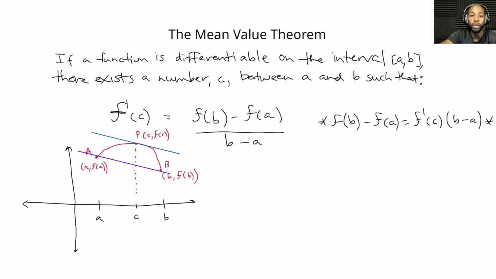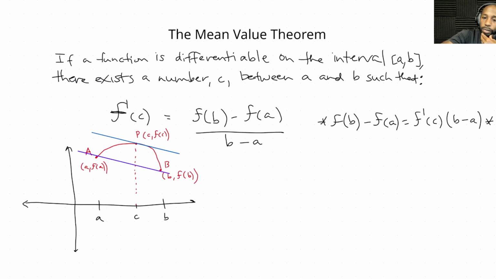So the derivative at this point is equal to the slope between these 2 points, which is also referred to as the secant line. So this tangent line is essentially equal to the secant line. You see they're parallel, they have the same slope. And let me write some more verbiage down here.